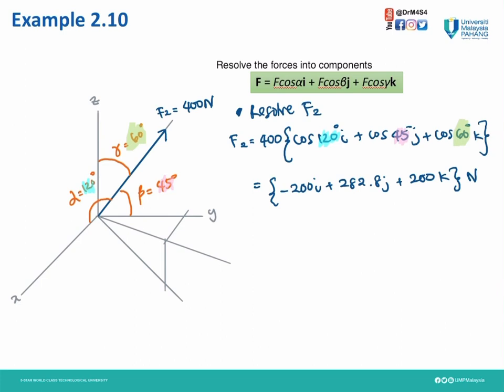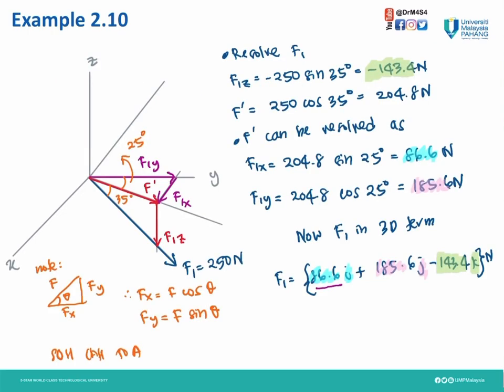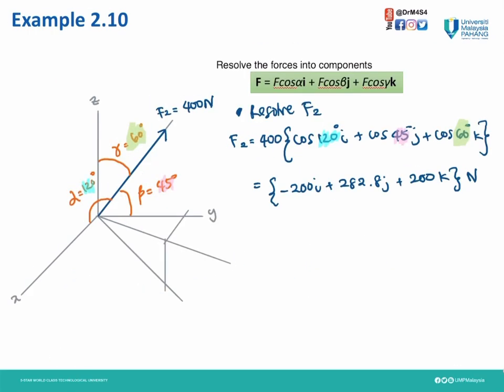Once we get both forces in 3D terms, we can find the resultant force, which is F1 plus F2. So we need to find the value for I, J, and K respectively. Check those values on I: 86.6 plus negative 200.